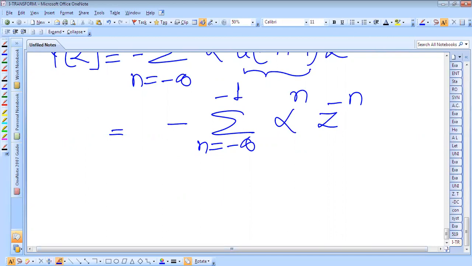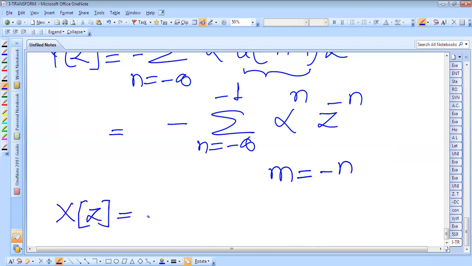Now, because the limit has changed, we will substitute here n is equal to minus m.